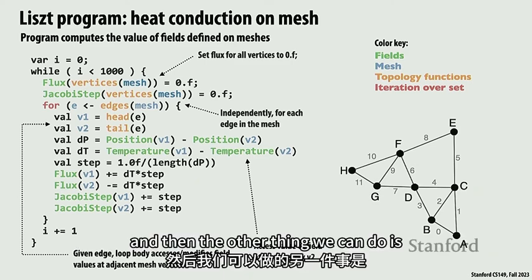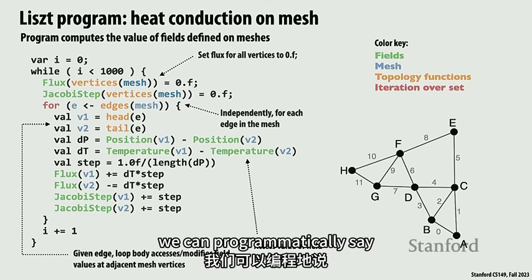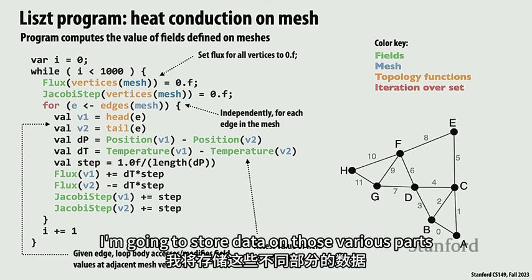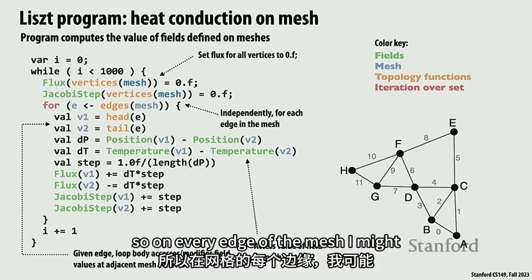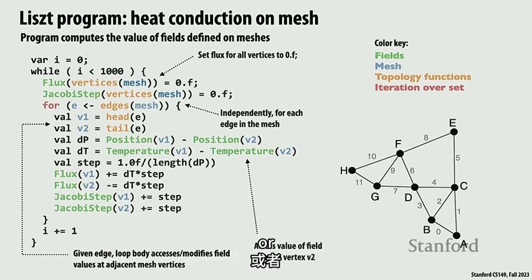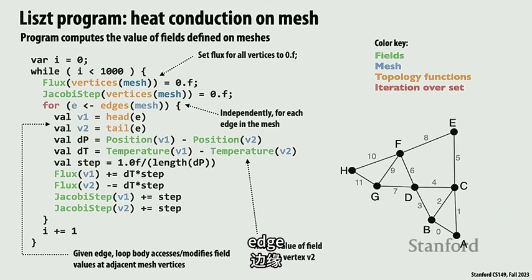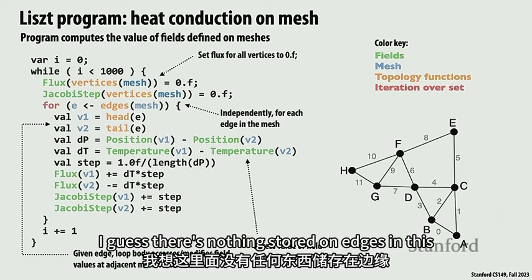And then the other thing we can do is not only get the parts of the mesh, we can programmatically say, I'm going to store data on those various parts. So on every edge of the mesh, or every vertex, I might store position, or a temperature, like a heat. Or for every edge, I guess there's nothing stored on edges in this.